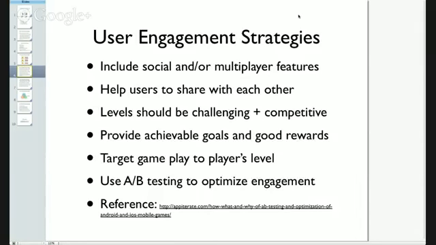And this is really where your A/B testing comes in, right? You're going to be wanting to check with each of your levels, is this too hard for the novice players? Is this too easy for the more advanced players? So anyway, any questions on that?